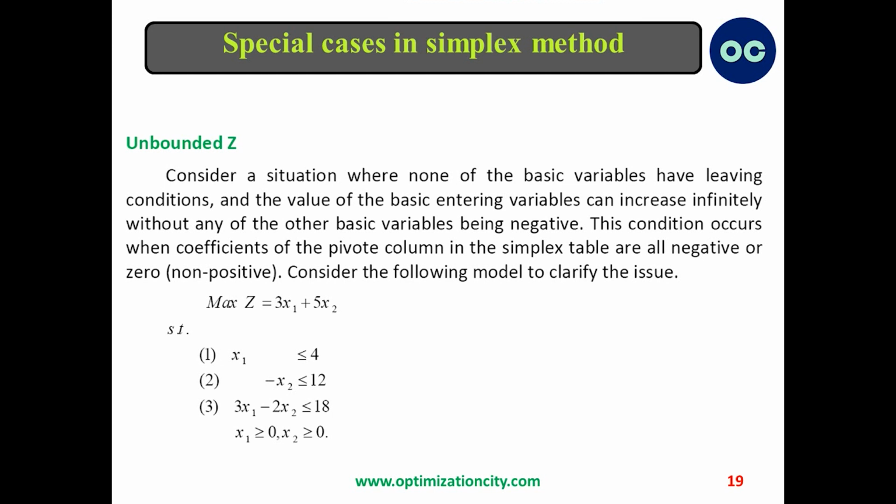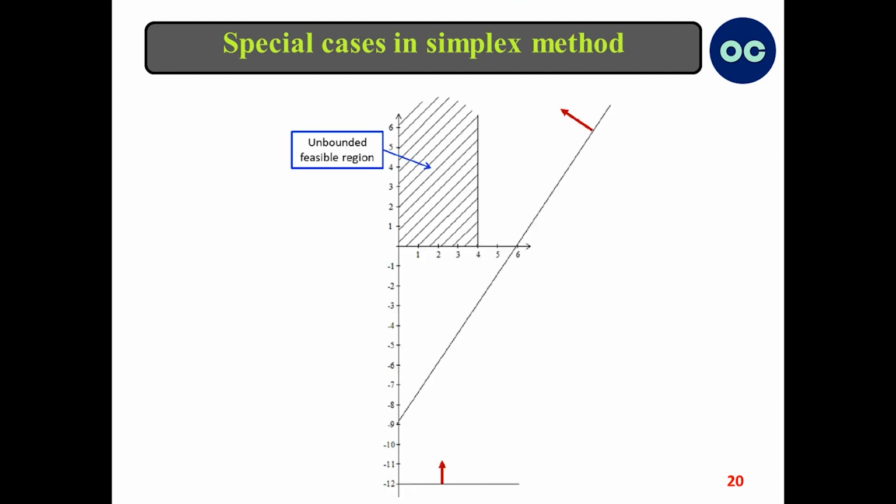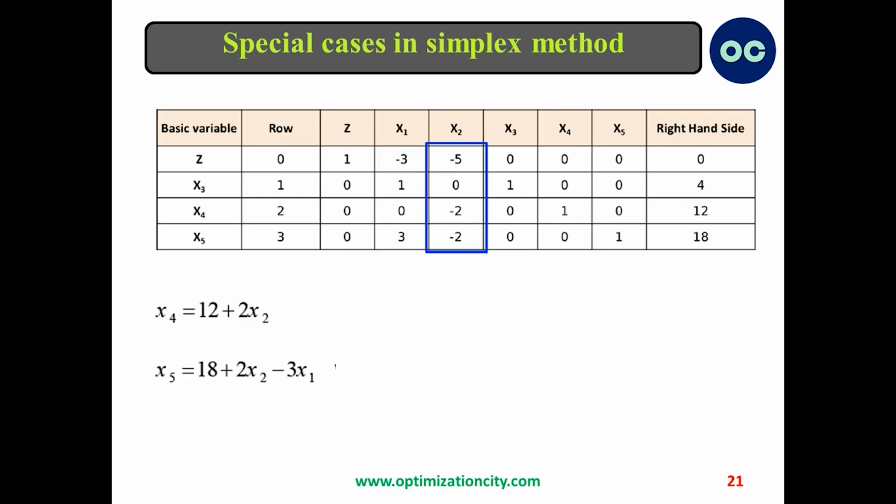To clarify this issue, consider the following model. Okay, the graphical representation of the above model is shown here, so you can see that the value of the objective function increases infinitely. The simplex table for this model is given here.